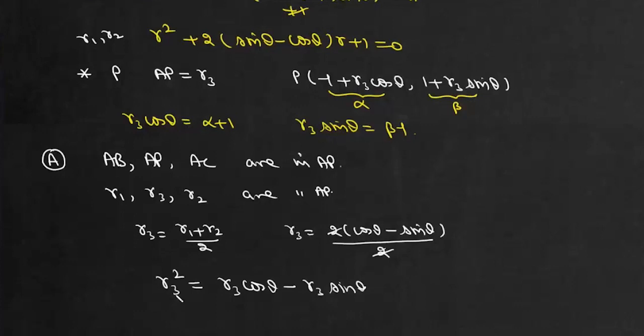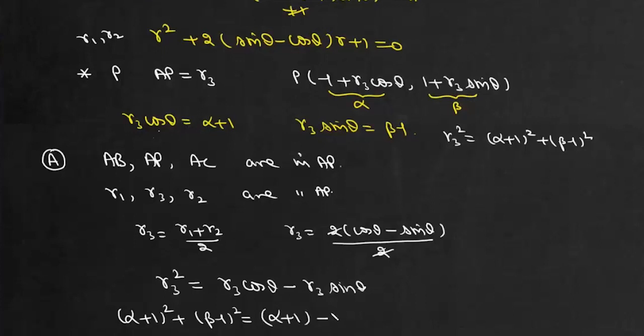Now we can calculate R3 square by squaring and adding them. So it will be this R3 square, and we can write this as (alpha plus 1) square plus (beta minus 1) square, and R3 cos theta, it is alpha plus 1, minus, and R3 sin theta is beta minus 1.